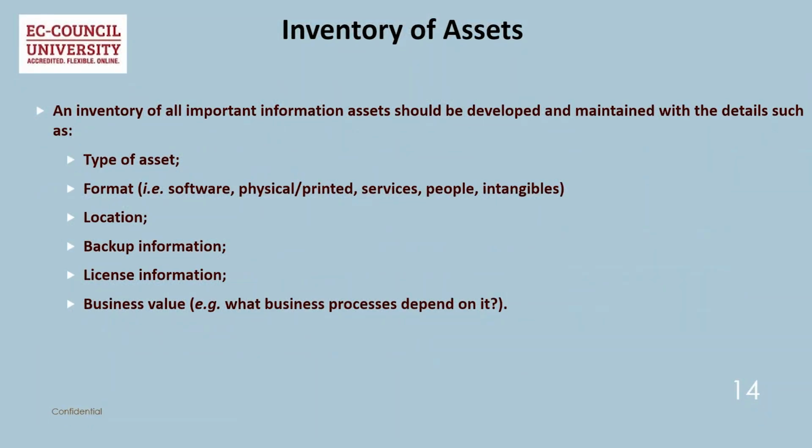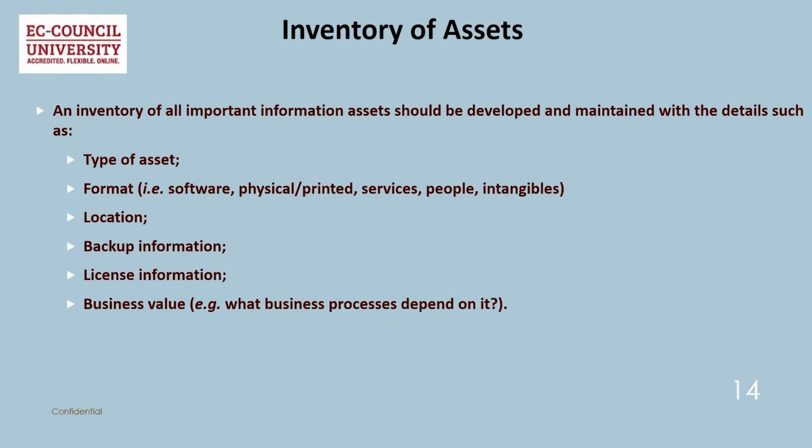We have to do an inventory of all assets. What type of assets we have? Is it software, hardware? Is it a paper asset? Is it something which is lying on a CD, or is it lying on a USB? Is it a piece of software, or is it just hardware, or is it a paper in a file? We have to be clear what format it is in.